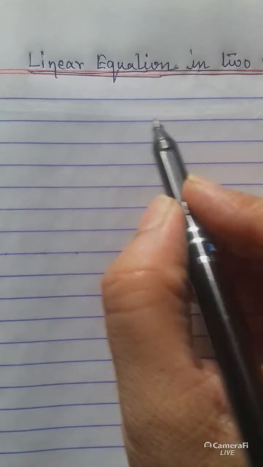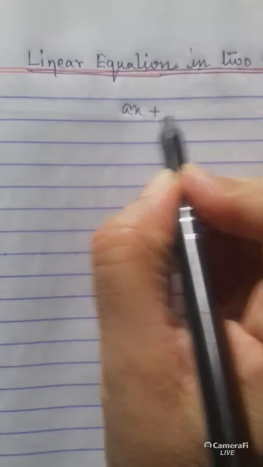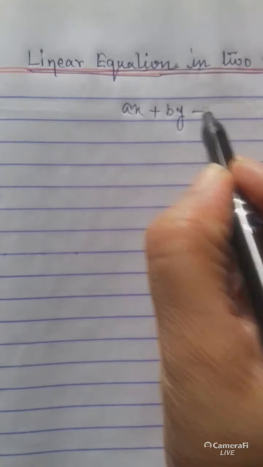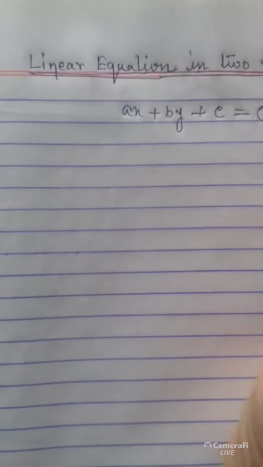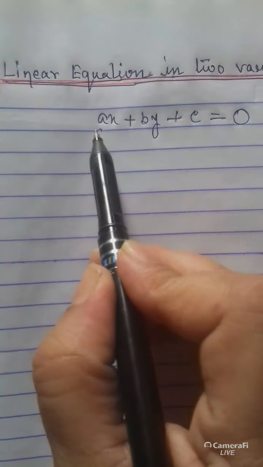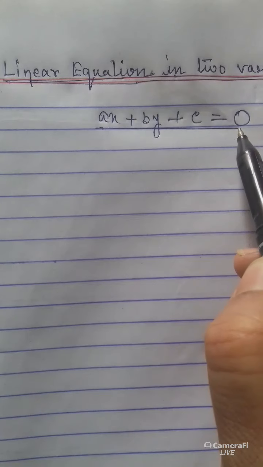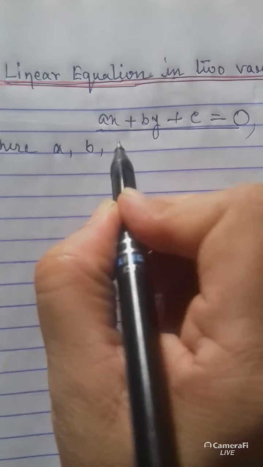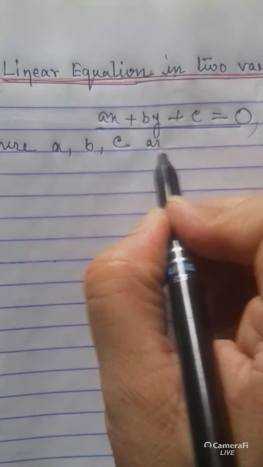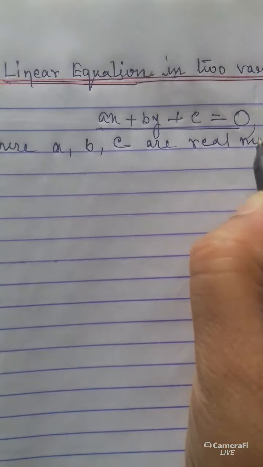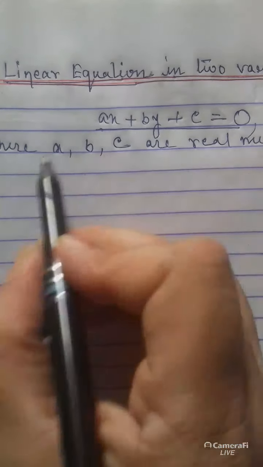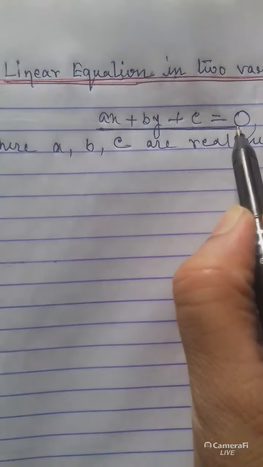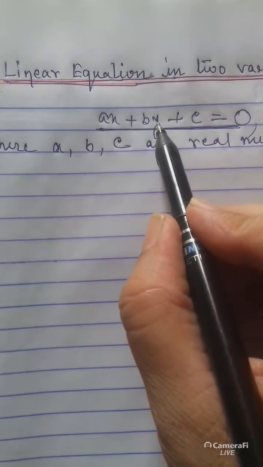An equation of the form ax plus by plus c equal to 0, where a, b, c are real numbers, is called a linear equation in two variables x and y.